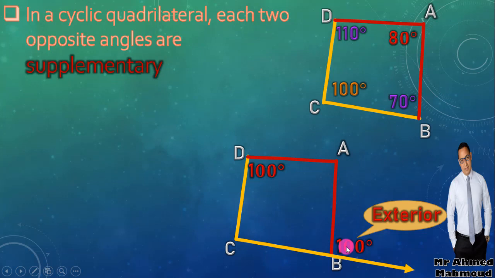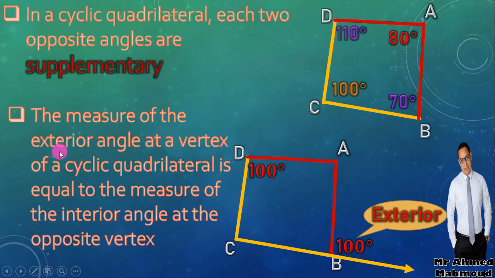By looking carefully, the exterior angle equals the opposite interior angle. Again, the exterior angle equals the opposite interior angle. The measure of the exterior angle at a vertex of a cyclic quadrilateral is equal to the measure of the interior angle at the opposite vertex.